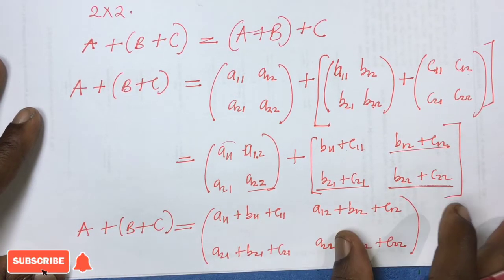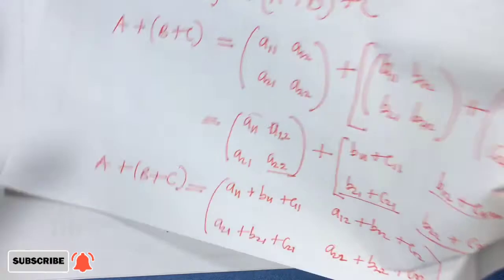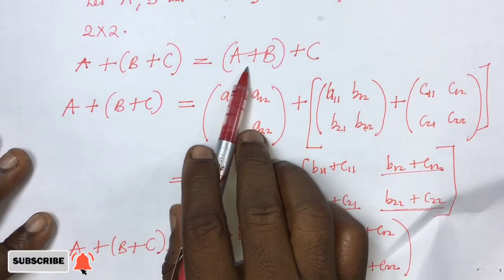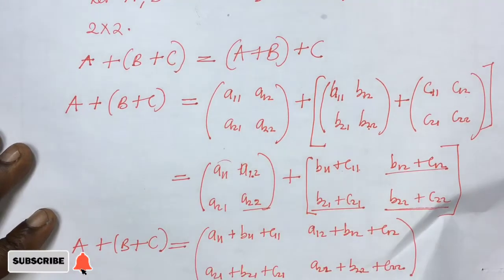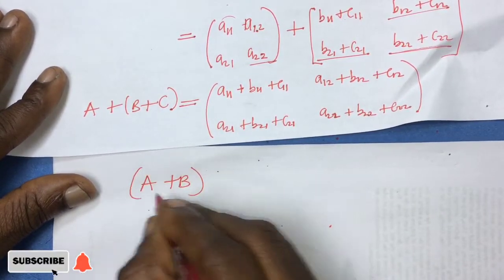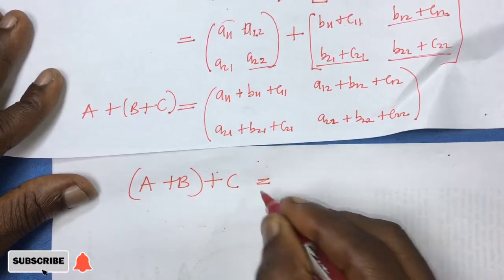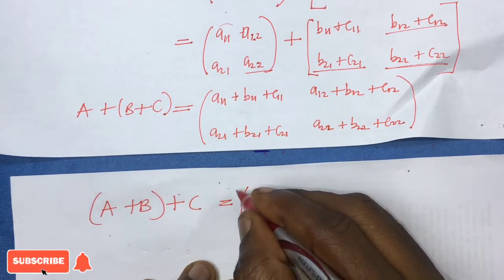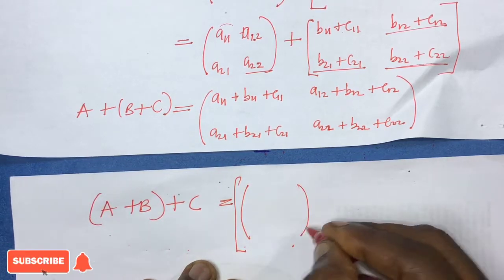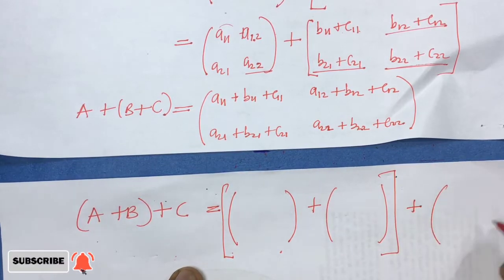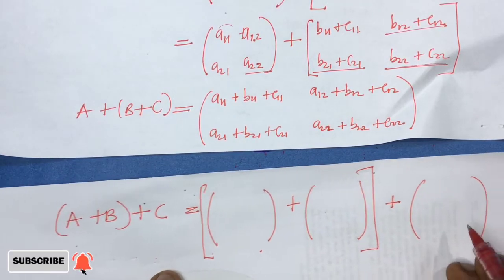Okay? Now, once you have obtained this result, we will now go over to this one. So I'm going to bring here A plus B in bracket plus C. Let's see if the result will be the same. So I'm going to start with writing A plus B in one square bracket, plus C outside the square bracket.